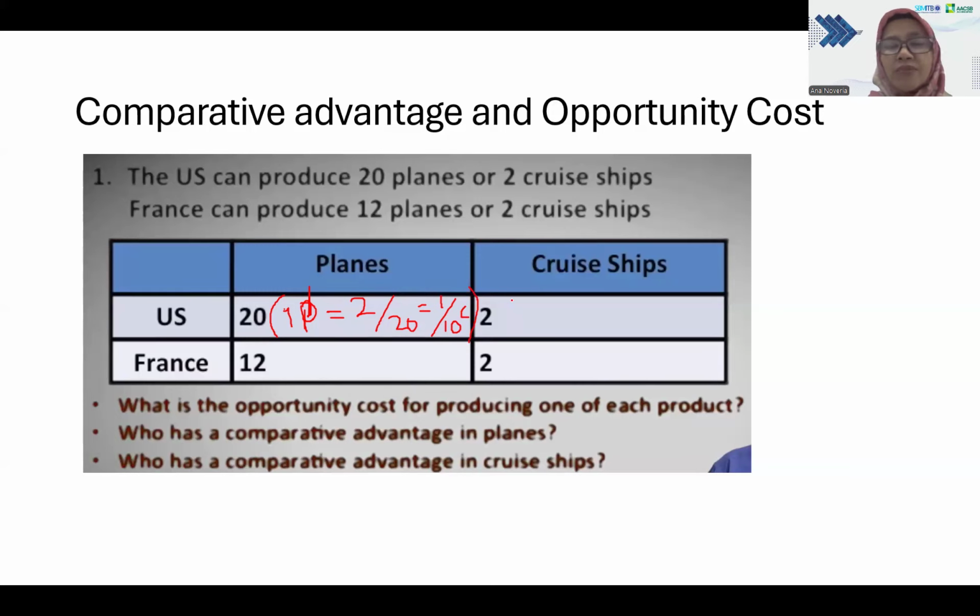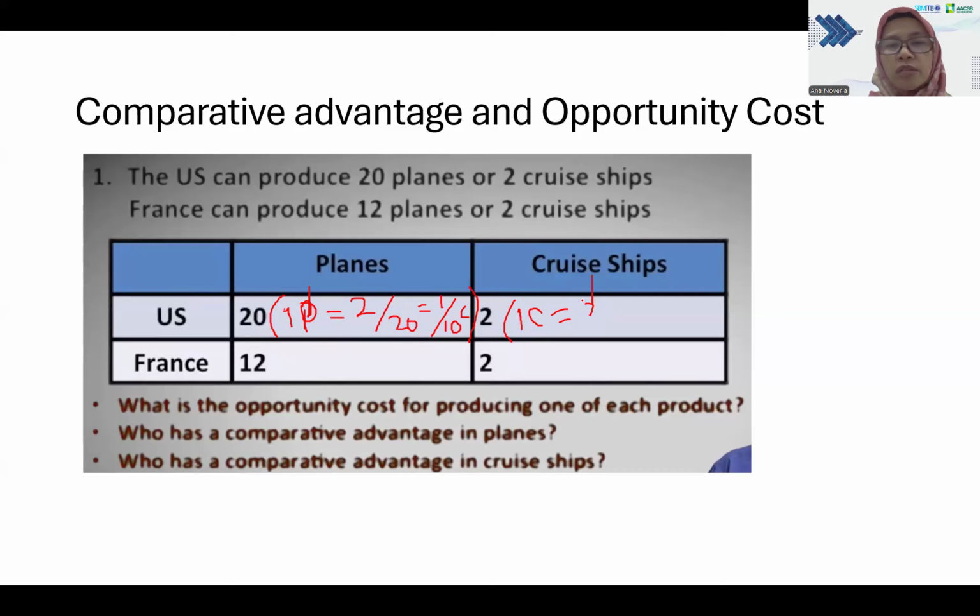And then the opportunity cost of producing one cruise ship, we can divide 20 by 2, or just the exact opposite. If it's 1/10, that means this is 10. They're going to be inverse between these two opportunity costs.